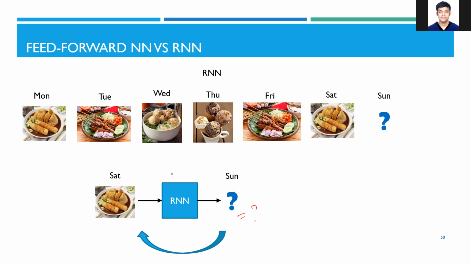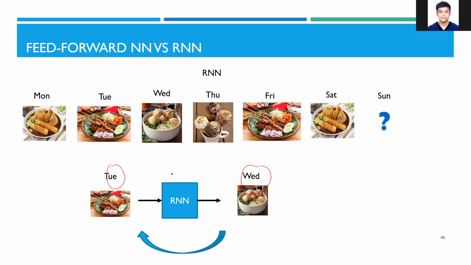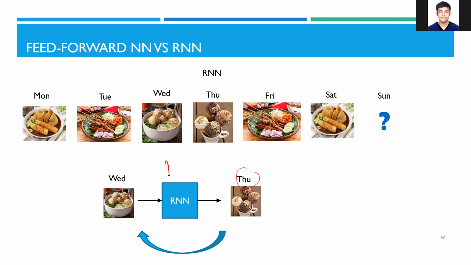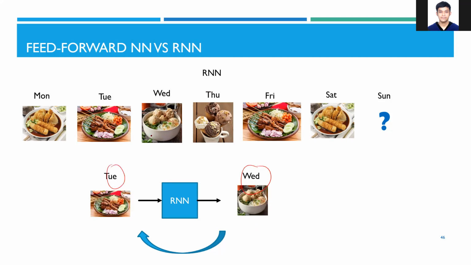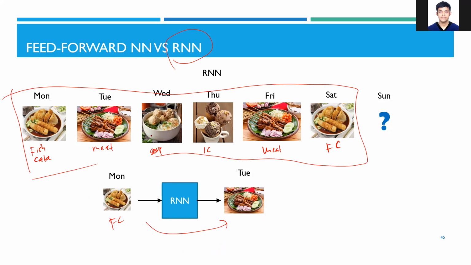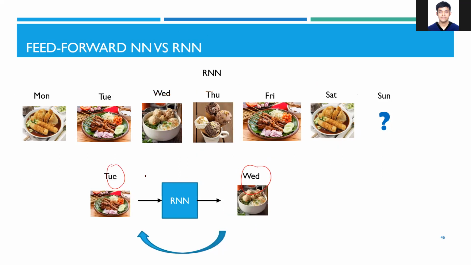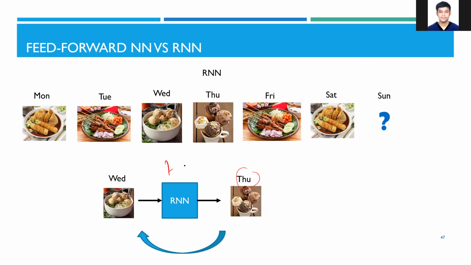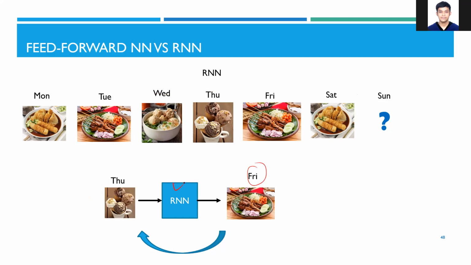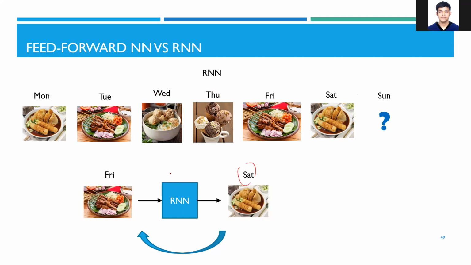During these steps, our network learns from the pattern. Monday, Tuesday, get the pattern here. Tuesday, Wednesday, updated the pattern. Wednesday, Thursday is learning again. Thursday, Friday, learning again. Friday, Saturday, learning again.